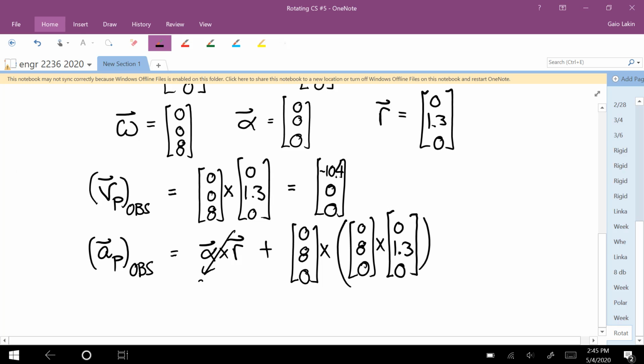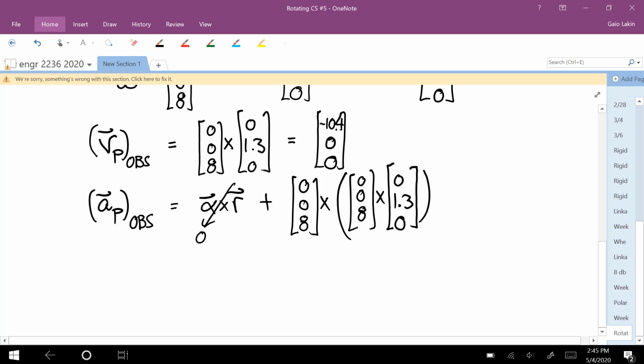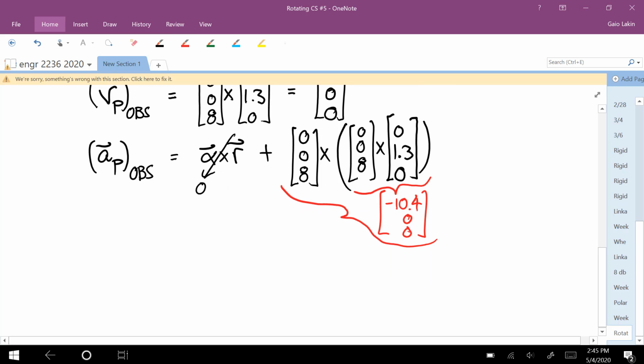There's no alpha, so this goes away. These 8s should both be in the z-axis. Okay, so this is negative 10.400, and we're crossing it with 0, 0, 8. And so those together come out to be 83.2 negative.